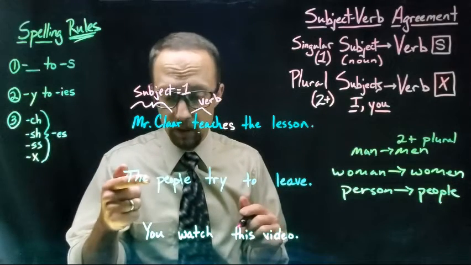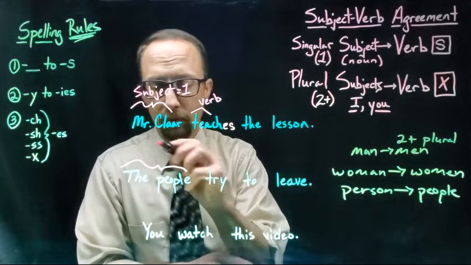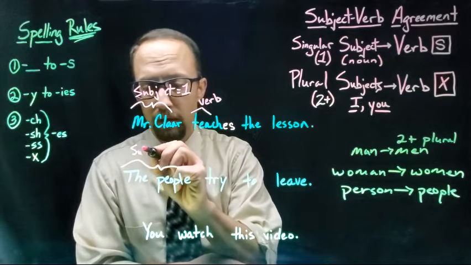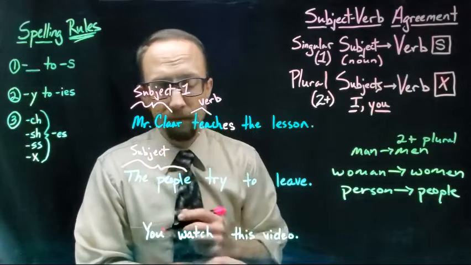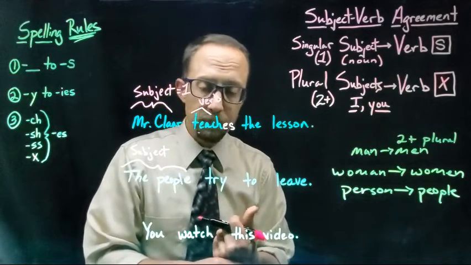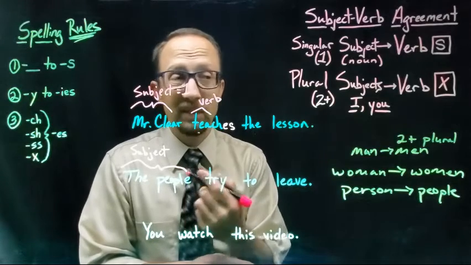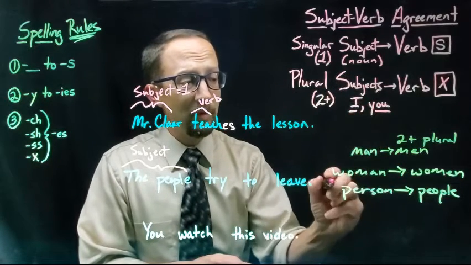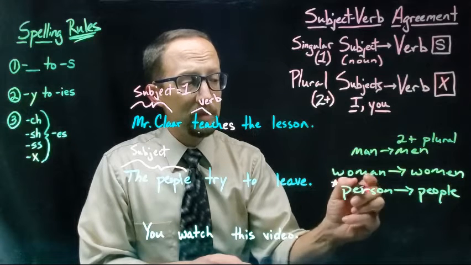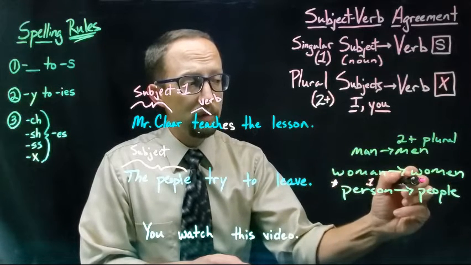Okay, next one. The people. This is my subject. So, how many are people? Is it singular or plural? Remember, person is one, singular, people are two or more.